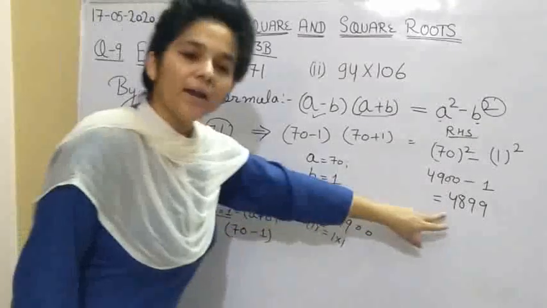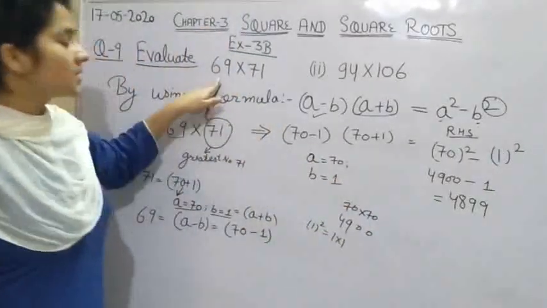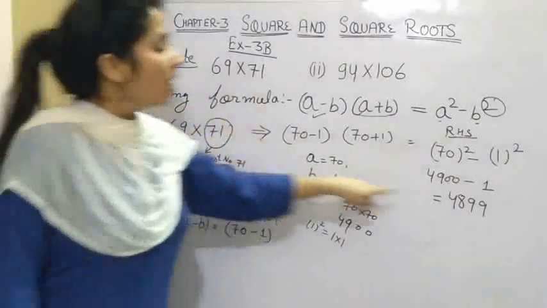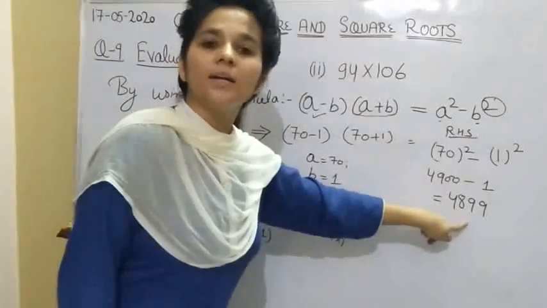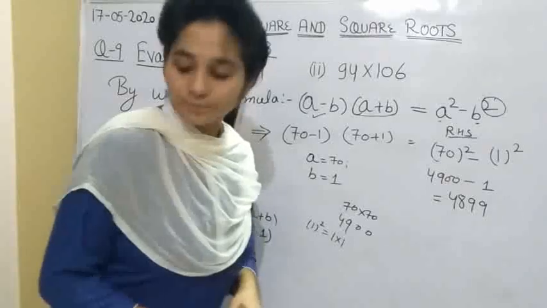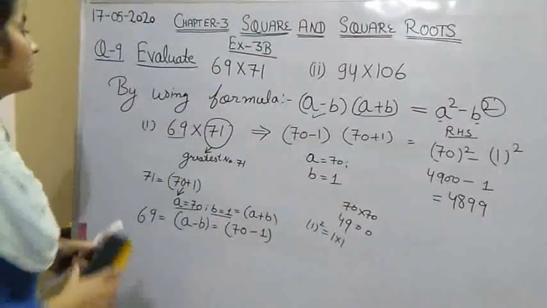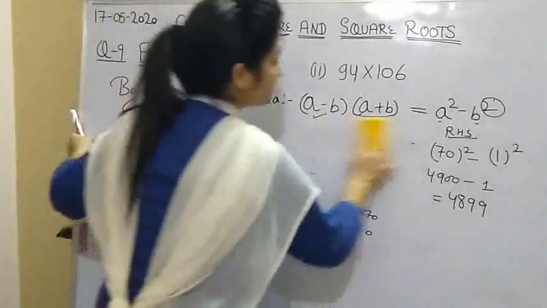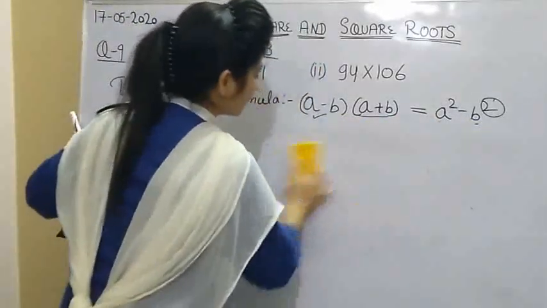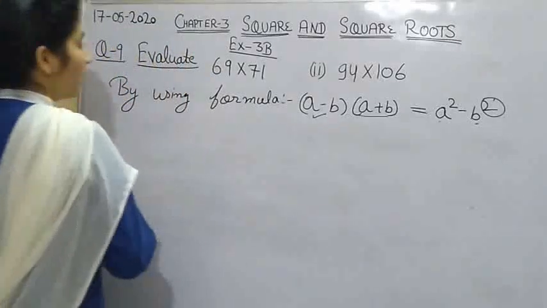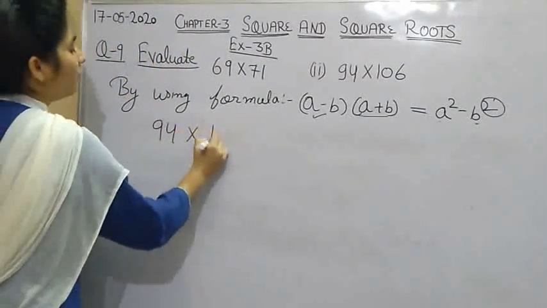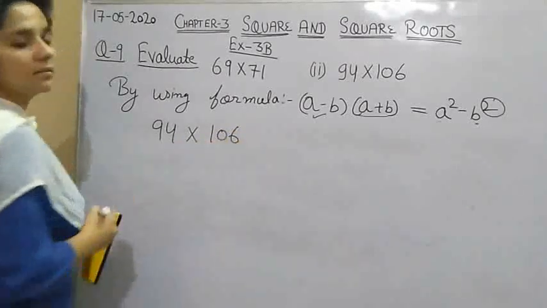So the required value of 69 multiplied 71 is 4899. Same as like the second part, that is 94 multiply 106.